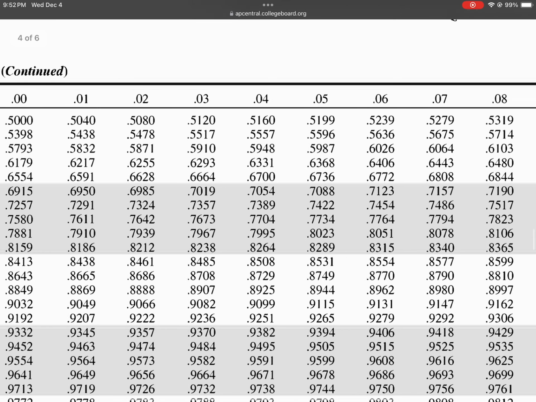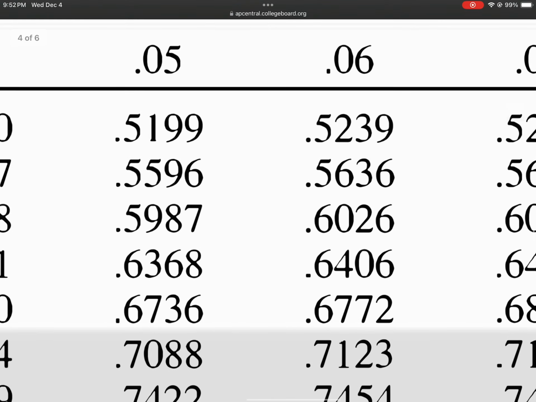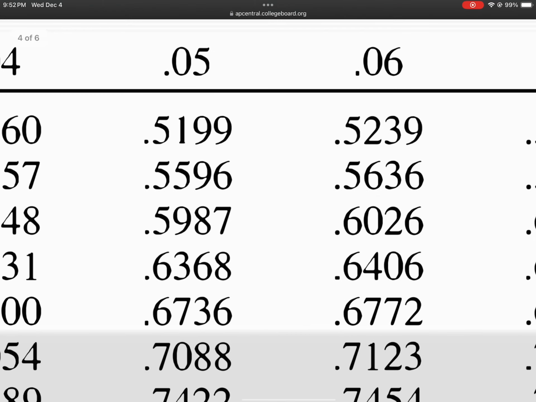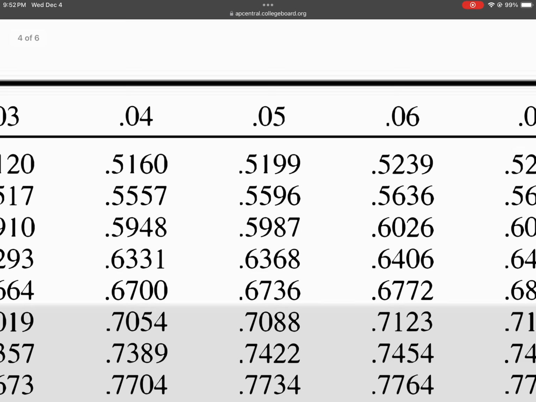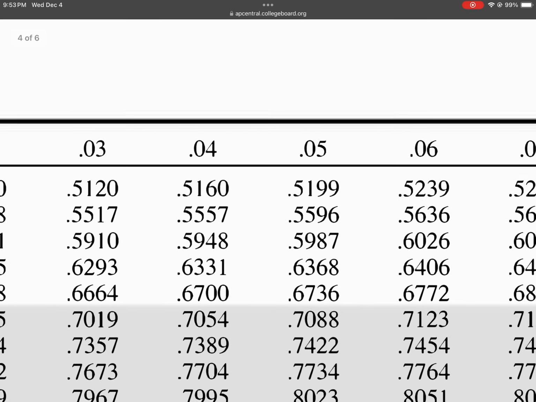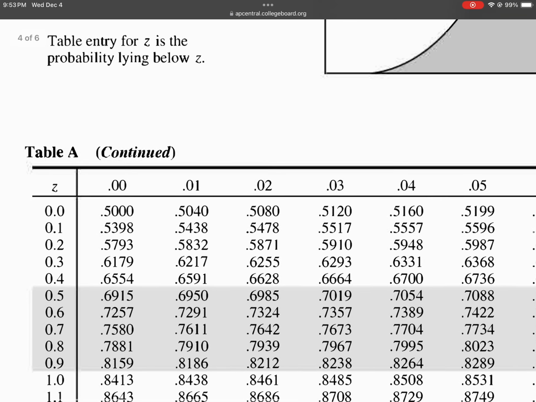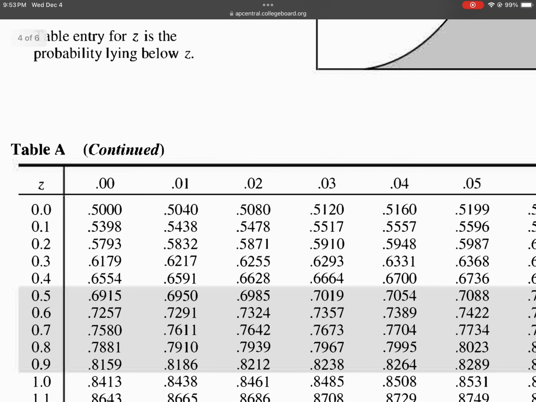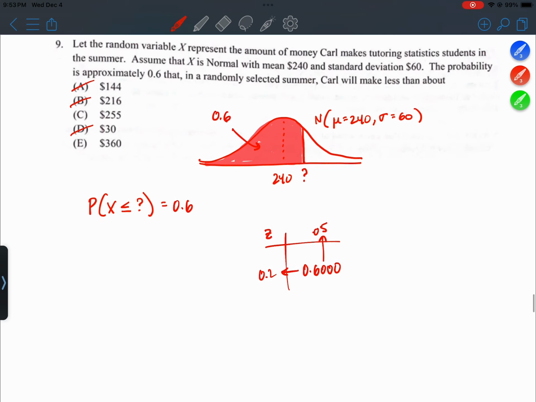Well, there are two values, 5987 and 6026. I believe the 5987 is technically closer to 60%. So the last digit is a 5, and the first digit is a 2, so 0.25. This tells me that the z-score is 0.25.